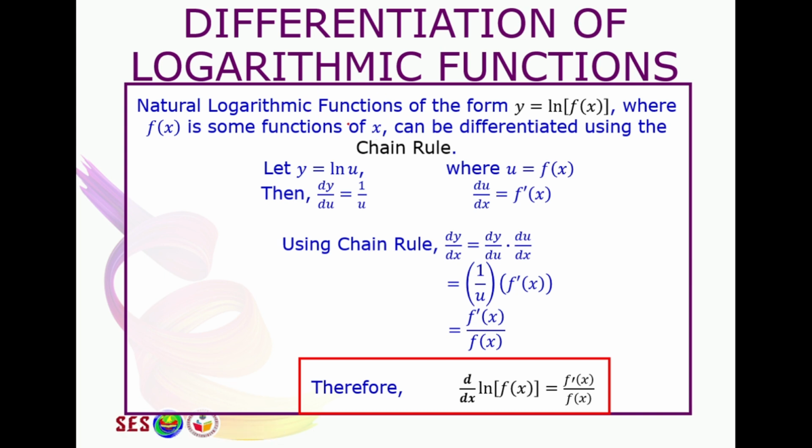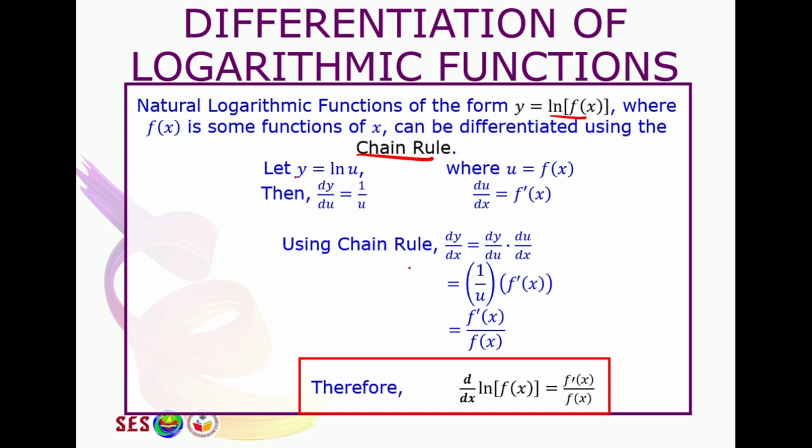So the natural logarithmic function of the form y equal to ln f(x), where f(x) is some function of x, can be differentiated using the chain rule, the same as with the exponential function. Let y equal to ln u, where u is equal to f(x). If I differentiate y with respect to u, I will get 1 over u, and if I differentiate u with respect to x, I will get f prime x.